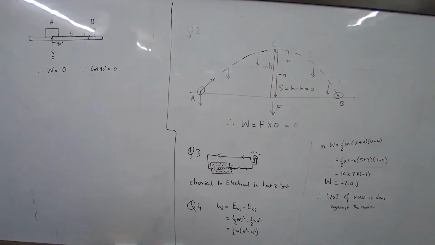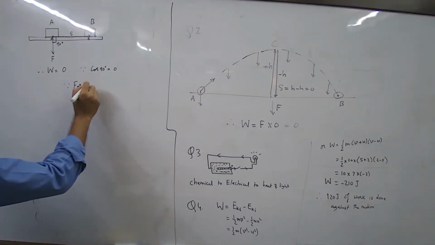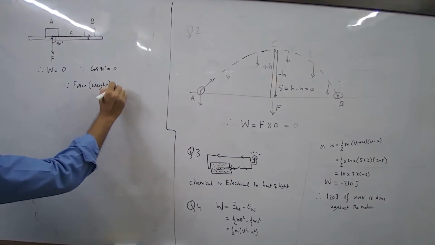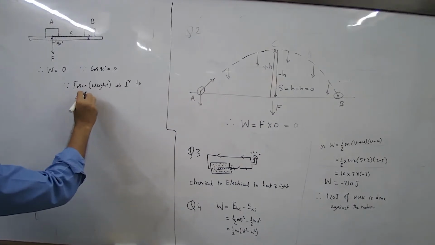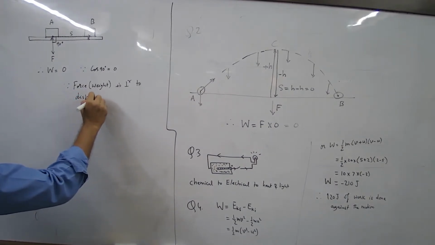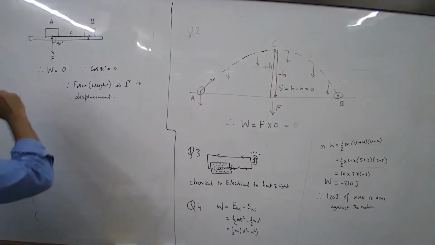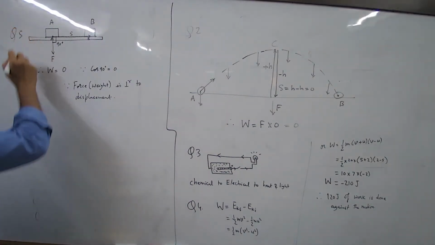Since force is perpendicular to displacement, write like this: since force, that is weight, is perpendicular to displacement, the work done is zero. This is question number 5. Next.